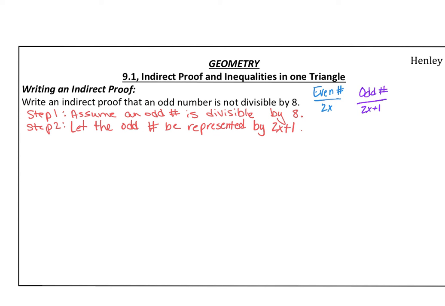Now that we have established that an even number is represented by 2x and an odd number is represented by 2x plus 1, now we can say that divisible by 8 is represented by 8 times whatever number, because any number multiplied by 8 is also divisible by 8.